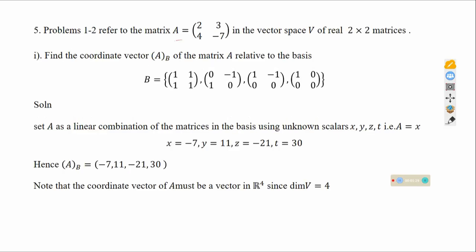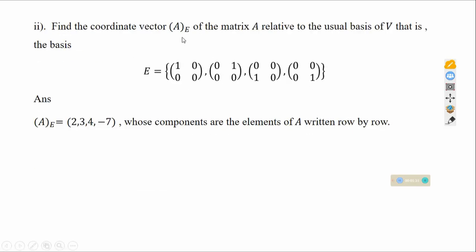So you want to get the coordinate vector of A relative to the standard basis. So you should be able to obtain the coordinate vector of A relative to E.